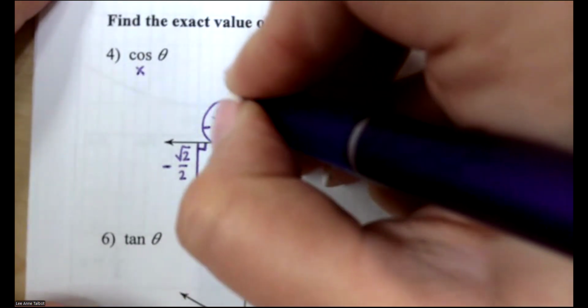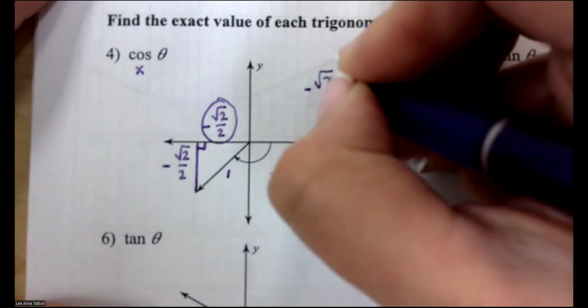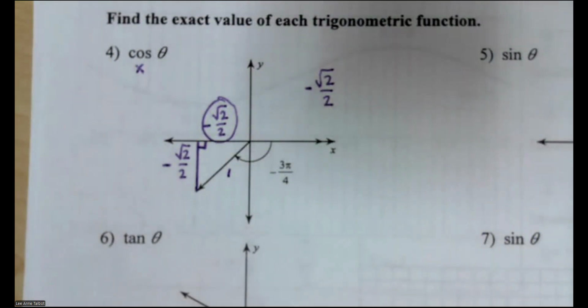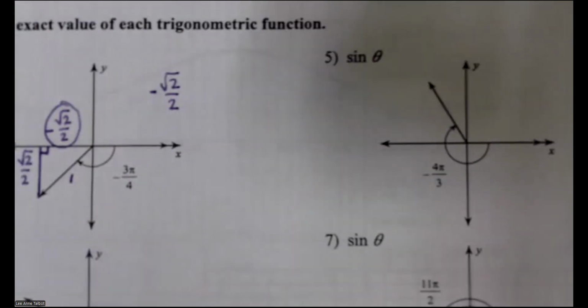So that's this one. So the answer is negative root 2 over 2. Okay, so 3 steps. Draw the triangle, worry about the signs, and then figure out which one it is. Okay, so number 5.